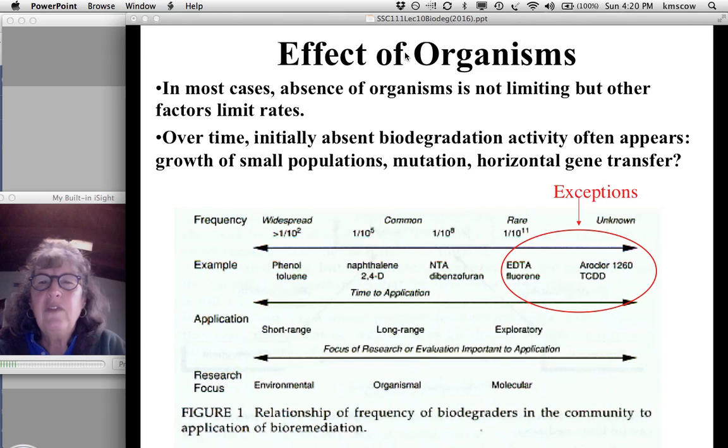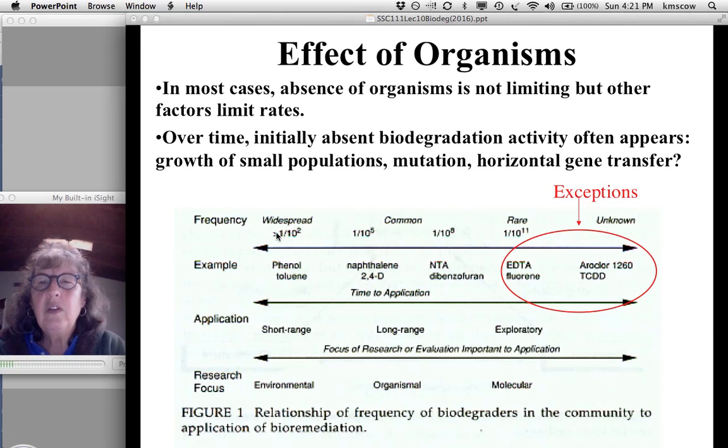And then there's also the effect of organisms, and this is kind of a complicated slide, but it shows you a lot of things. It shows you some different pollutants along this gradient, from pretty simple to degrade pollutants, phenol and toluene, which are aromatics, to naphthalene, 2,4-D, to dibenzofuran, to fluorines, which are polyaromatic hydrocarbons, to TCDD, which is one of the worst.